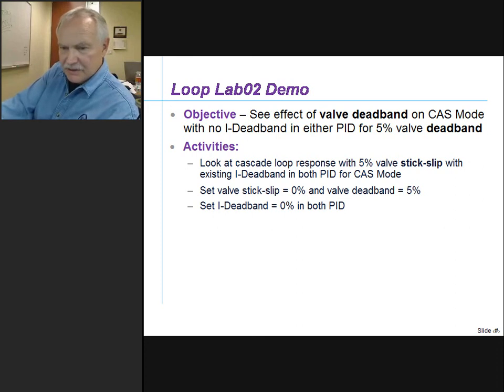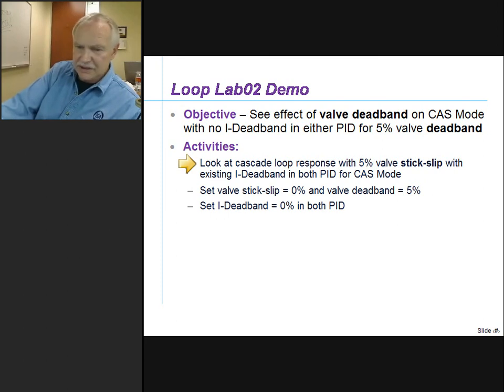But first, let's look at the cascade loop response with 5% stick slip, which is where we left off, with existing I deadband settings of 4% in both PIDs, and we're in the cascade mode. And then we're going to set the stick slip to 0%, and we're going to introduce a valve deadband. And we're going to affect the PID integral deadband by setting those to 0% in both controllers.